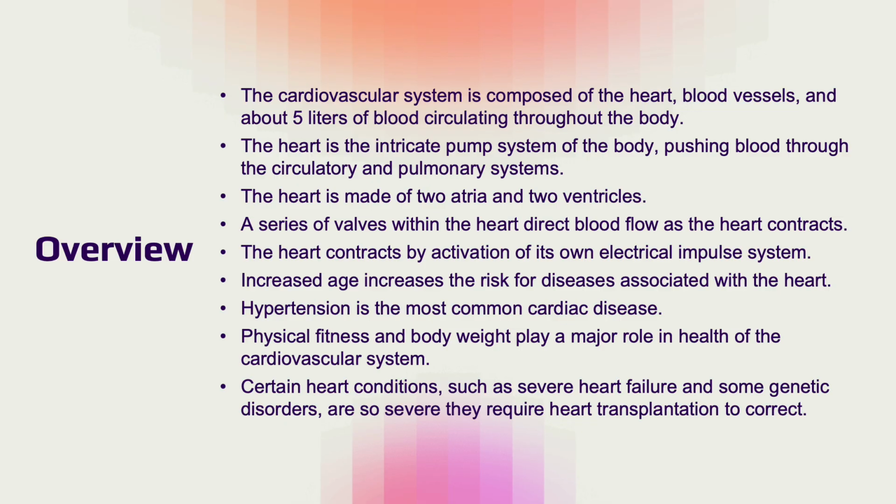Structurally, the heart has 4 chambers, 2 atria on the top and 2 ventricles on the bottom. Blood flow is directed in one direction through a series of valves that open and close as the heart contracts. Remember, blood flows in a one-way direction. Okay?